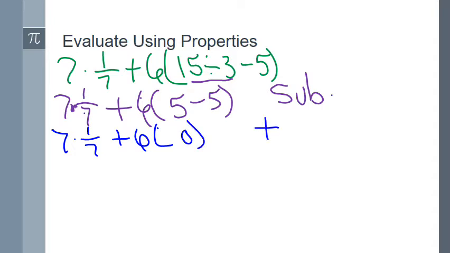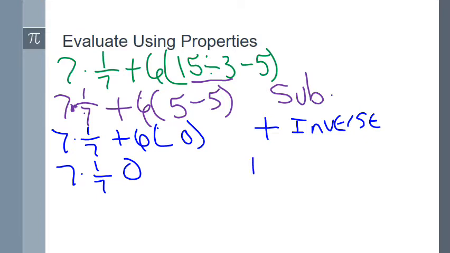We've got the additive inverse property, because I've got a positive 5 there and a minus 5, a number that is the opposite of itself, 5 minus 5, and that is 0. Okay, so I'm going to keep my little 7 times 1 over 7 here for a bit. And 6 times 0, of course, is 0, and that is the multiplicative inverse.